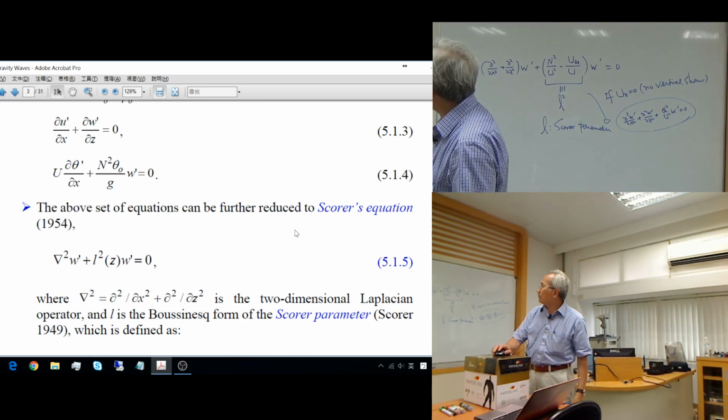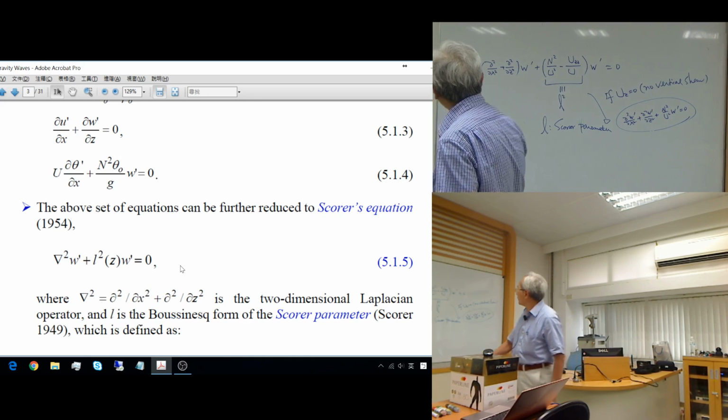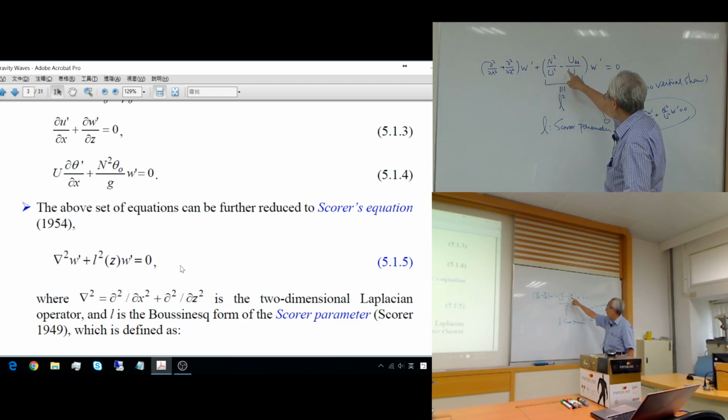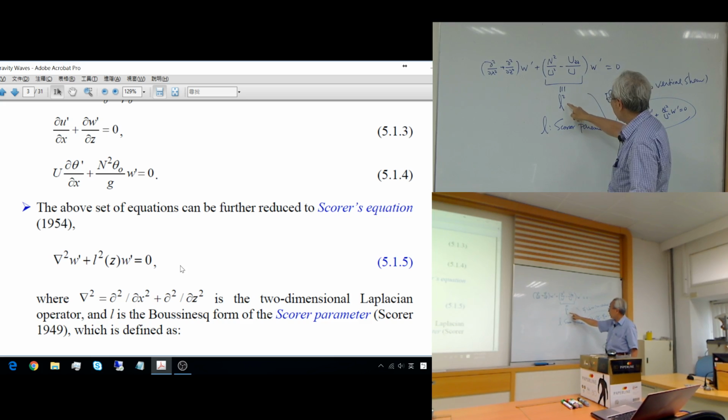So L squared is defined as N squared over U squared minus U_zz over U, the Scorer parameter squared.